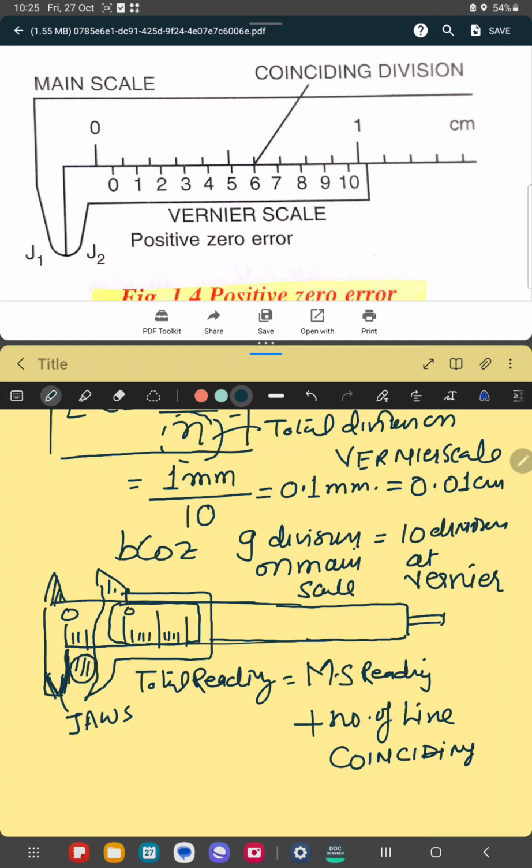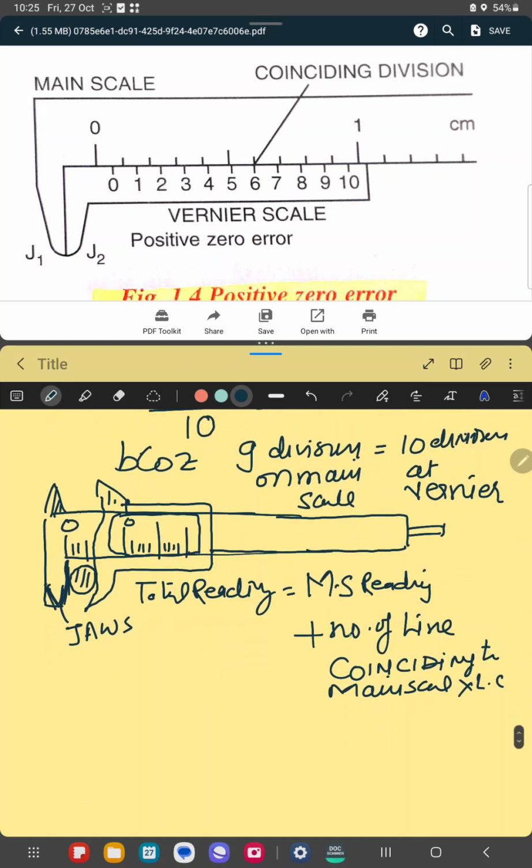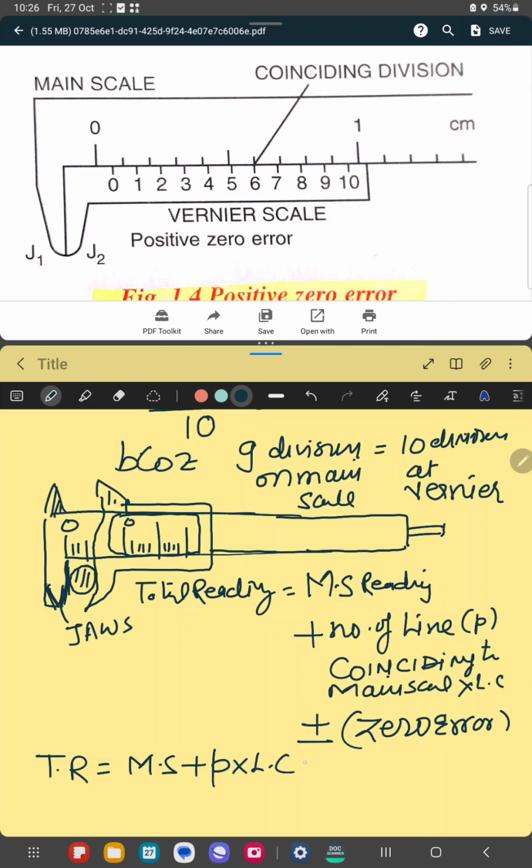Total reading is equal to main scale reading plus the number of lines coinciding with the main scale, say p, multiplied by the least count, plus or minus zero error. Zero error is of two types, positive zero error and negative zero error.